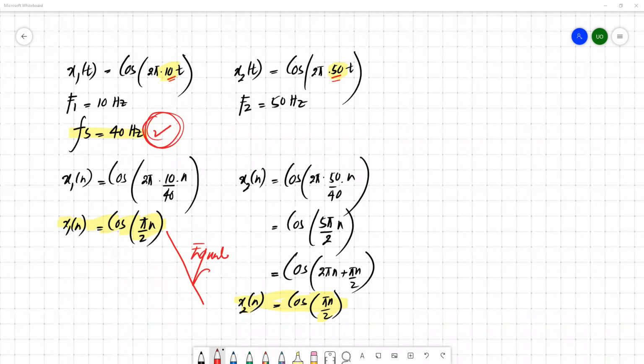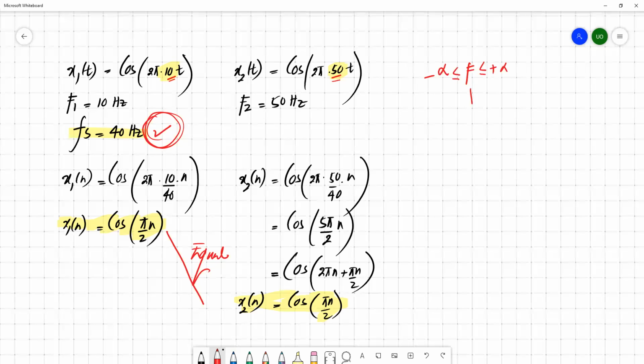Now, we found that this capital F is between plus infinity and minus infinity.